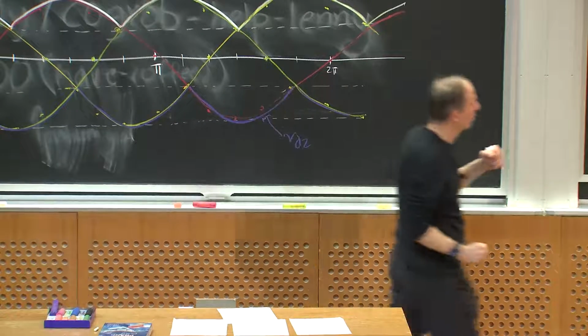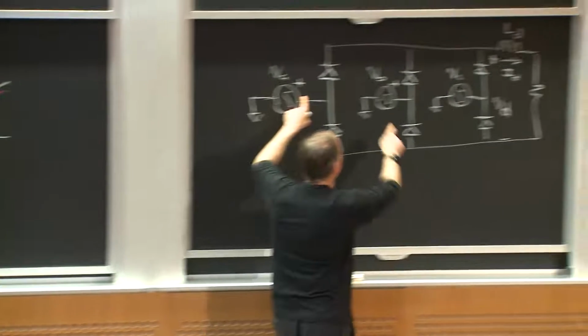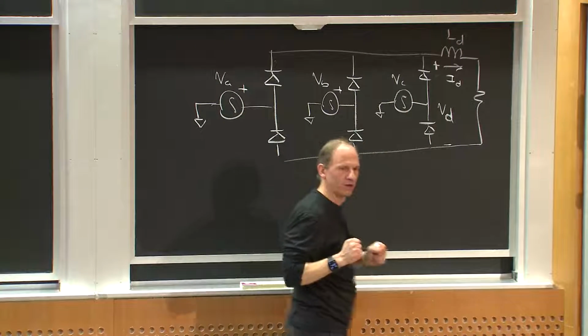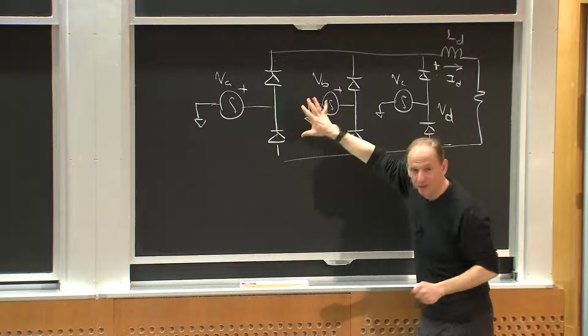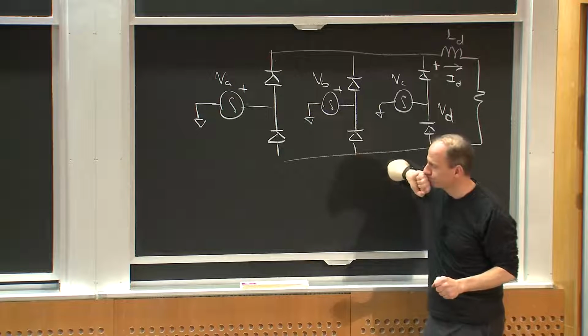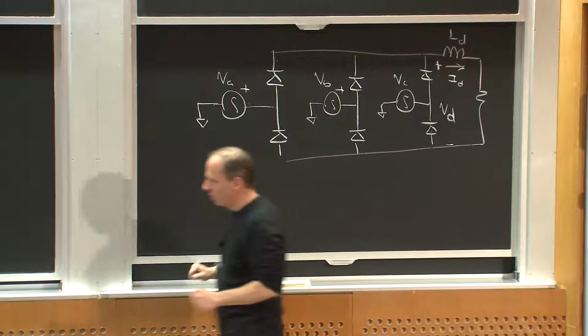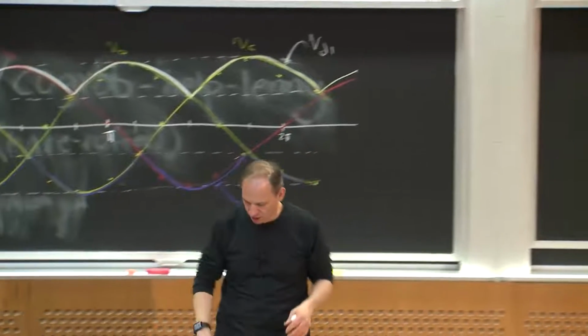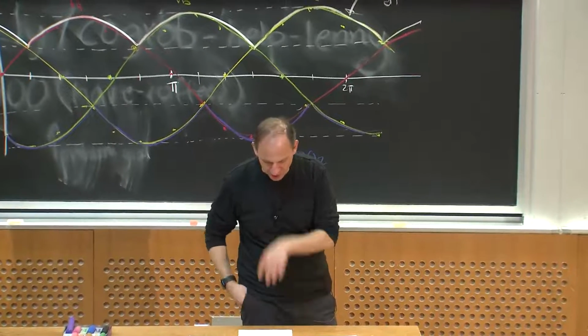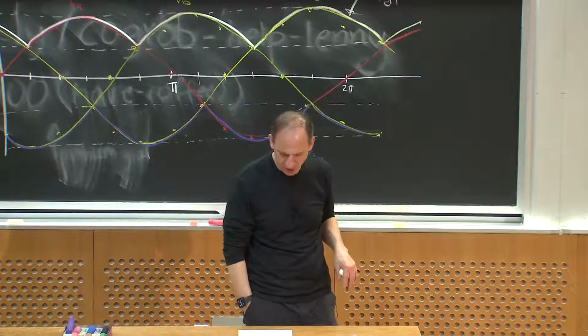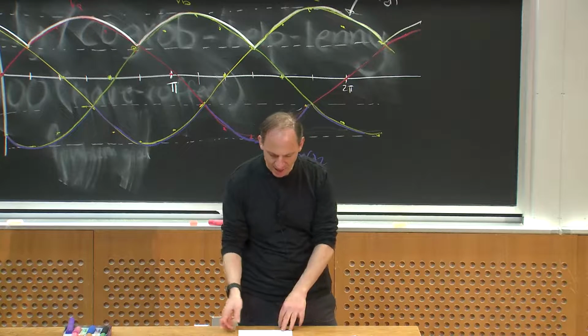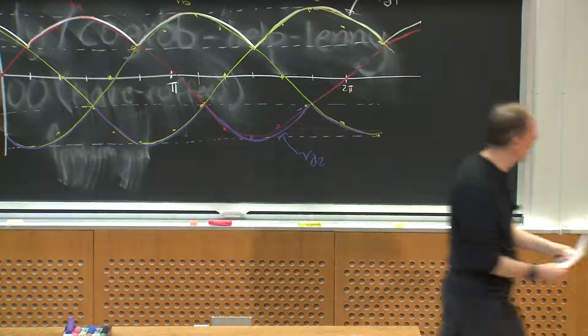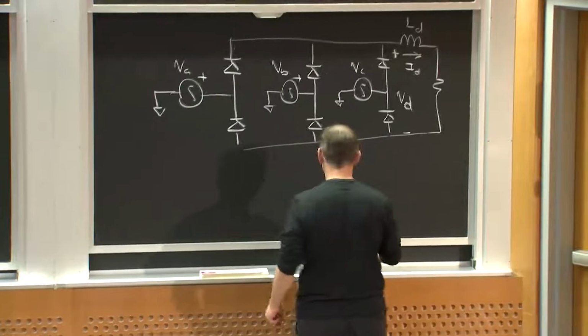In other words, the differences between VA, VB, and VC are what are driving this rectifier, right? And so we could actually draw this as something slightly different. We could rewrite how this is done, and let me add a little bit of context that'll make sense in a second.